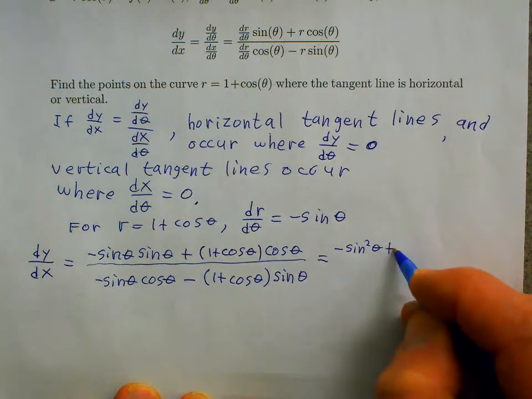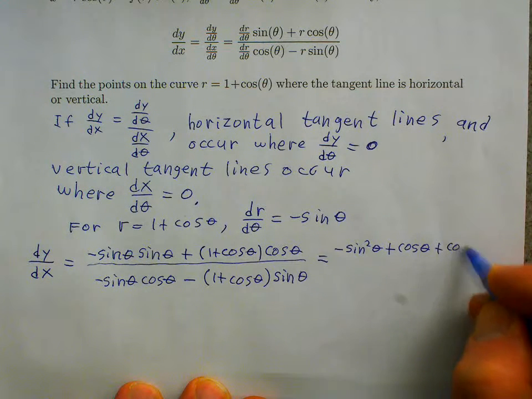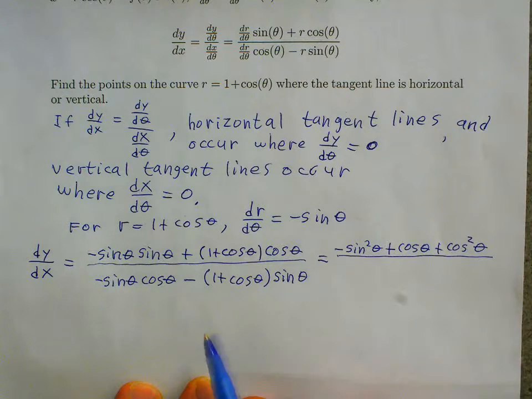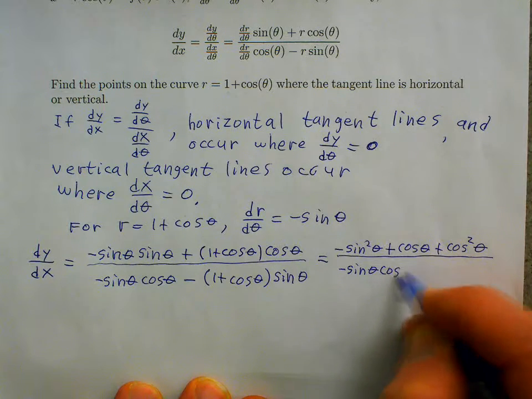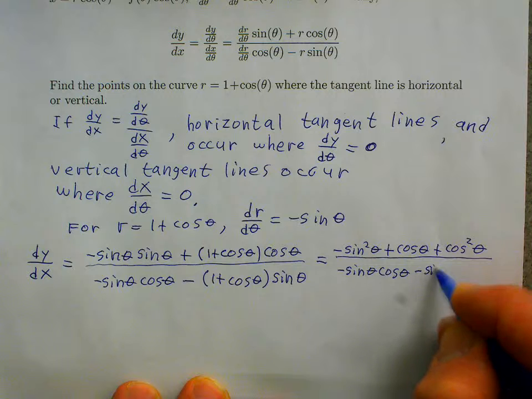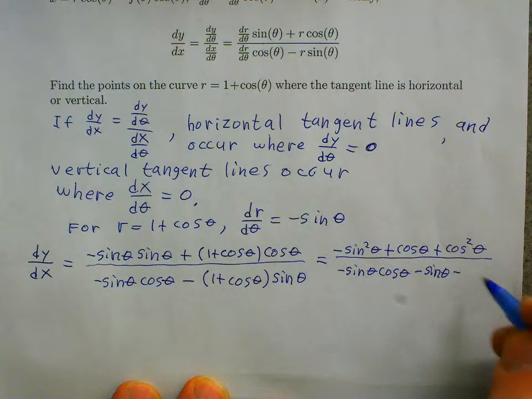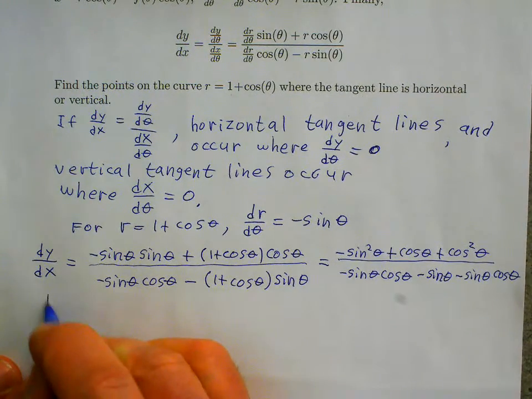And then plus cosine of theta plus cosine of theta squared in the numerator. In the denominator, negative sine of theta times cosine of theta minus sine of theta minus cosine of theta times sine of theta. I'll just write it as minus sine of theta times cosine of theta. Okay, a little bit more manipulation.